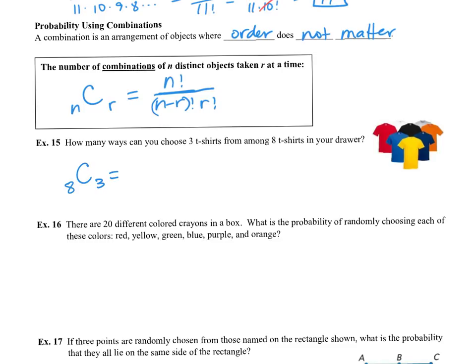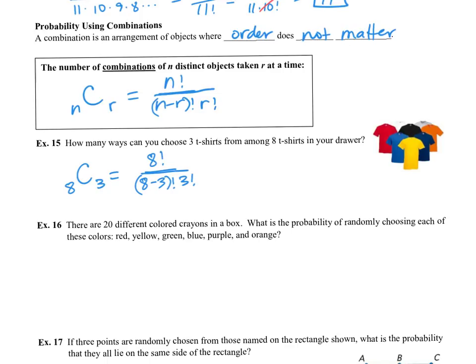So using our formula, that means we're going to have 8 factorial in the numerator, and then 8 minus 3 factorial times 3 factorial. Remember in this situation, n is 8 and r is 3. Okay, so let's simplify that a little bit. That would be the same thing as 8 factorial over 5 factorial times 3 factorial, because 8 minus 3 is 5. And then if I break this down a little bit, we'd have 8 times 7 times 6 times 5 factorial.